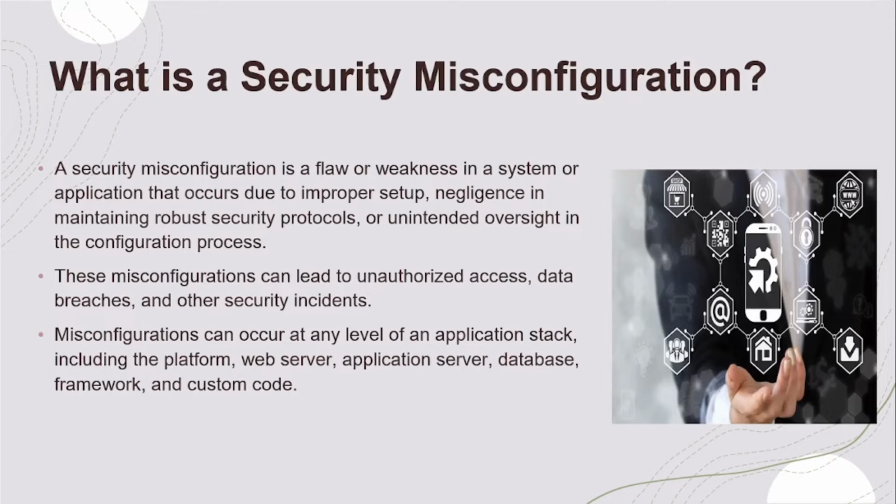Misconfigurations can occur at any level of an application stack, including the platform, web server, application server, database, framework, and custom code. They might involve unpatched flaws, default or unsecured configurations, unprotected files or directories, unnecessary services running, and improper permissions.